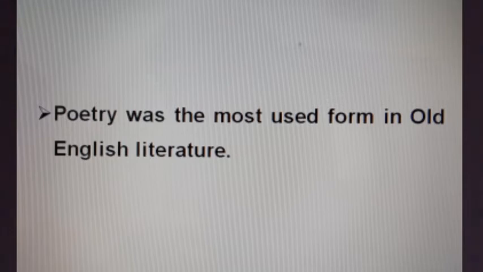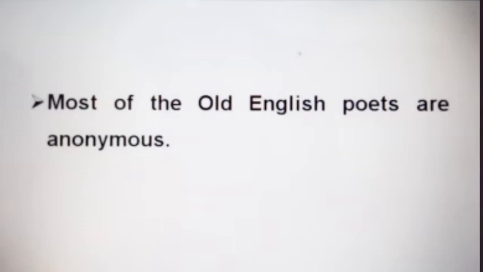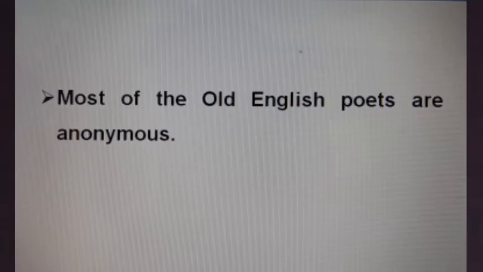Not only literature, in the writings in general, they used the style of poetry. Most of the Old English poets are anonymous. As we said, we know only a few names from Old English writers like Caedmon, Cynewulf, etc.